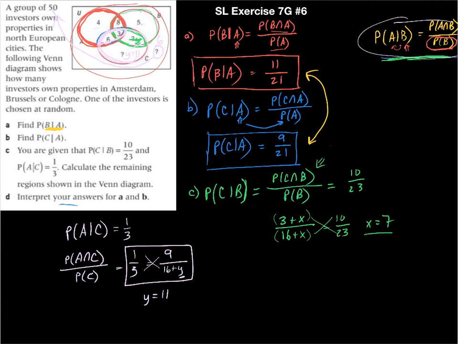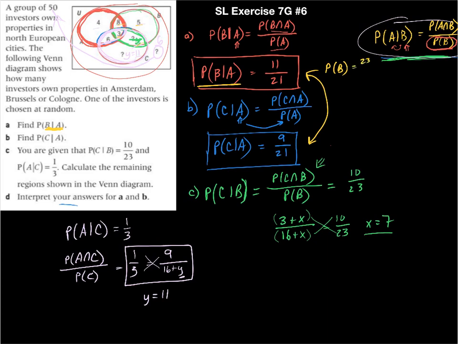The last thing is to interpret your answers for A and B. There are a number of different ways that we could interpret this. The first one, probably the most important, is that we look at the probability of B given A, which is 11 out of 21. Let's find the overall probability of B. I have 8 and 5, which is 13, plus 3, which is 16, plus 7 is 23.